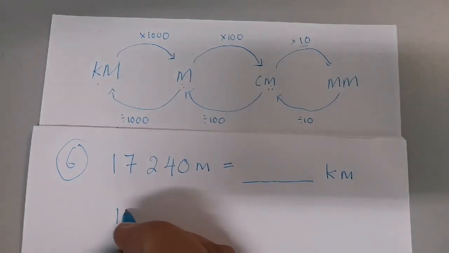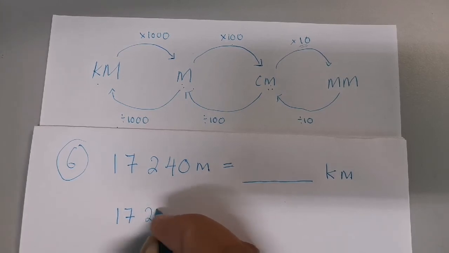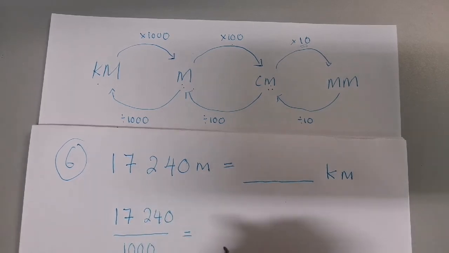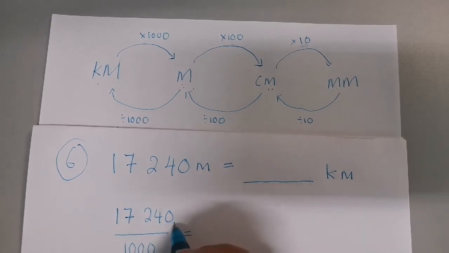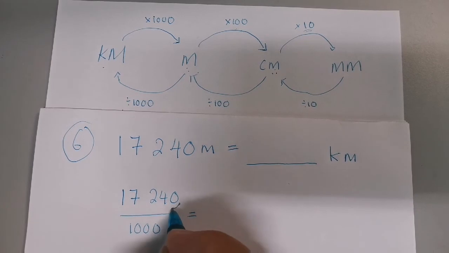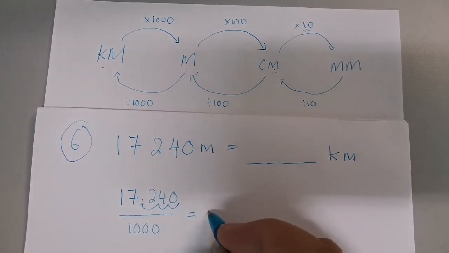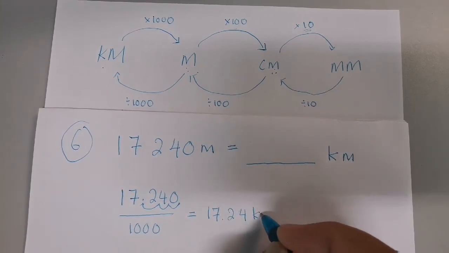As I just taught you the method, you write down in fraction 17,240 divide by 1000. You only need to shift the decimal point. The decimal point is here. You shift 3 times to the left, because you have three zeros here. So 1, 2, 3. So your answer is 17.24 kilometer.